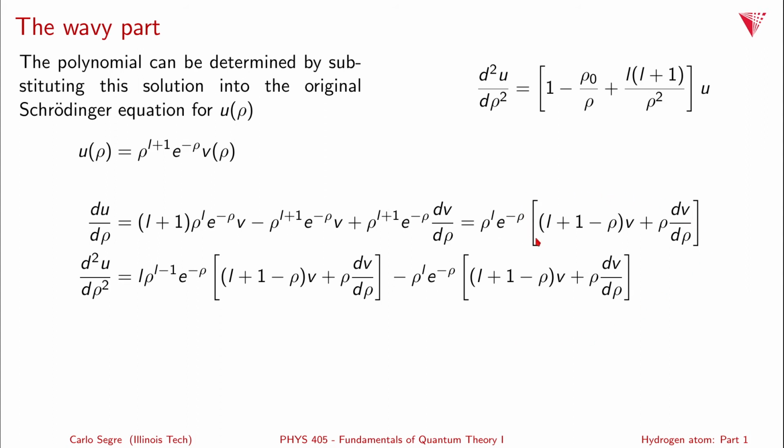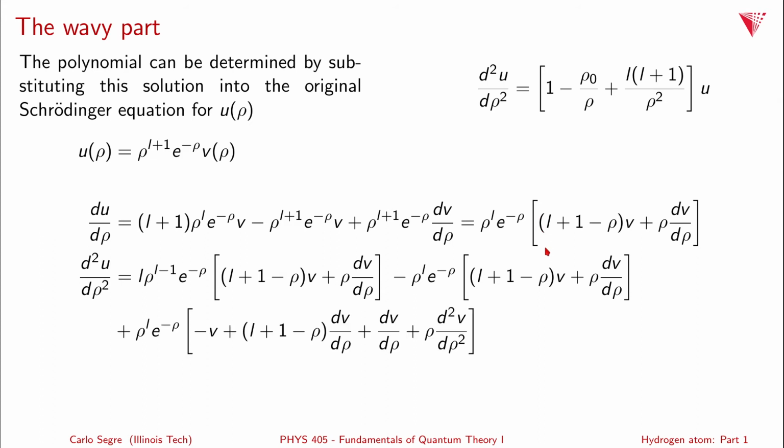Then I want to take the derivative of the terms in the square brackets, and this is going to give me 4 terms. So I have in front rho to the L e to the minus rho, and I have minus v, because when I take the derivative of this, these terms go to 0. This gives me a minus 1, so I get minus v. Then I have this quantity, L plus 1 minus rho times dv d rho. Then I have another dv d rho when I take the derivative of rho. And finally, I have rho times d squared v d rho squared.